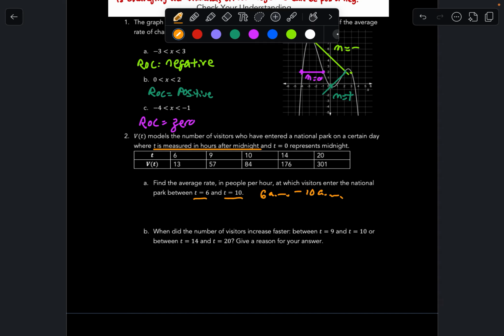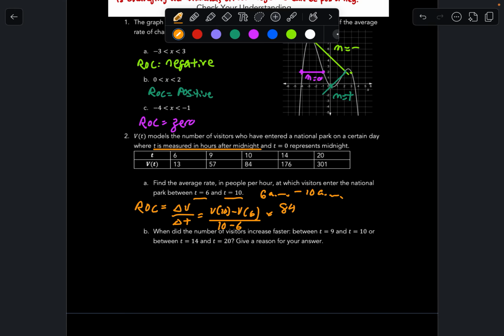So if you want to find the average rate, the ROC is simply the change in V over the change in t, which will be V of 10 minus V of 6 over 10 minus 6. V of 10 is 84, right? It's right here. And V of 6 is 13.